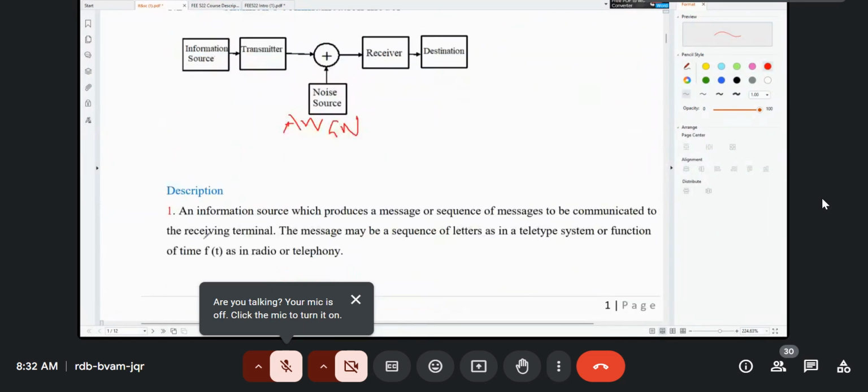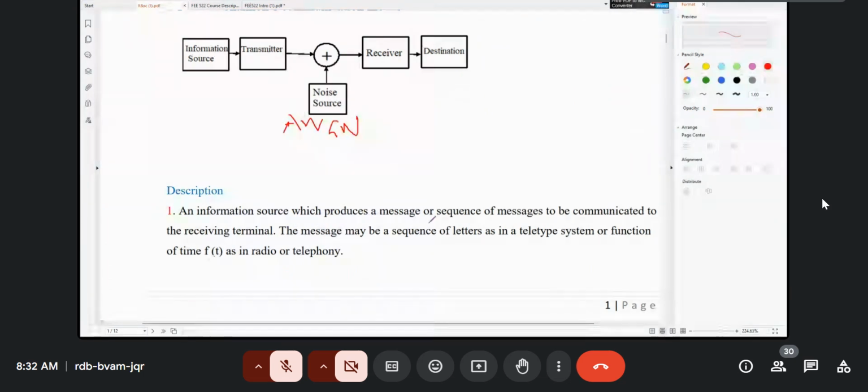So the information source produces a message or sequence of messages to be communicated to the receiving terminal. The message will be a sequence of letters as in a teletype system, or a function of time as in radio or telephony.